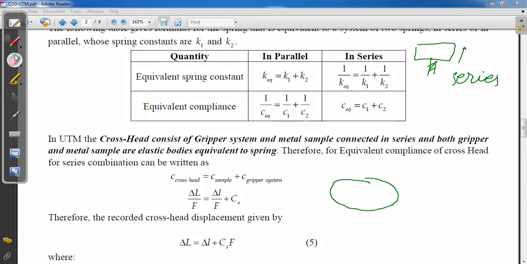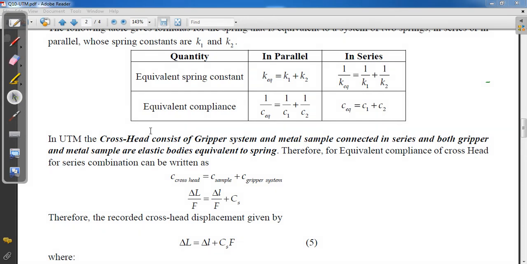So in UTM, the crosshead consists of the gripper system and metal sample connected in series, and both gripper and metal sample are elastic bodies. So the compliance of the crosshead will be using this formula: C of crosshead equal to C of sample plus C of gripper system.